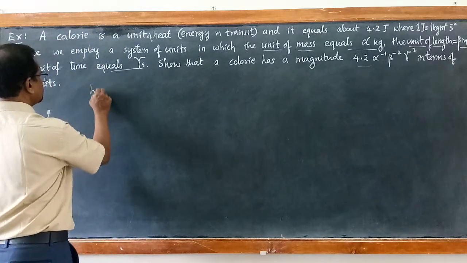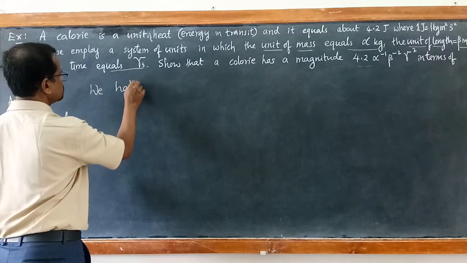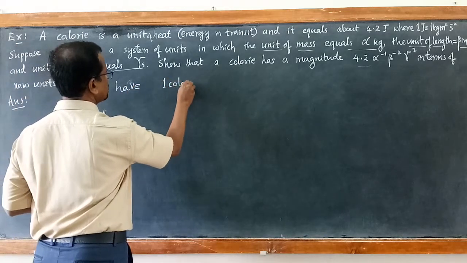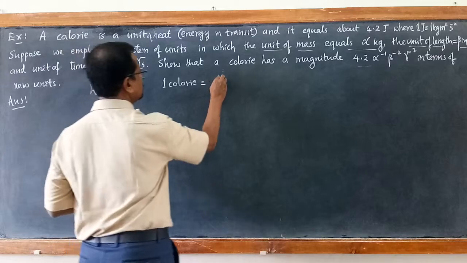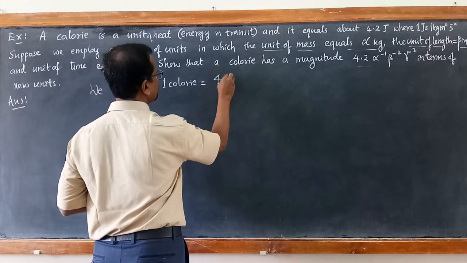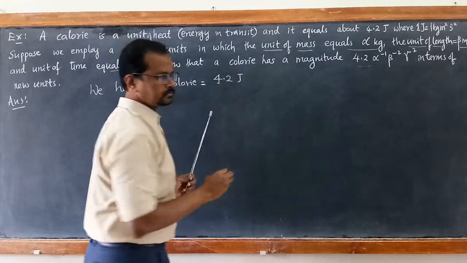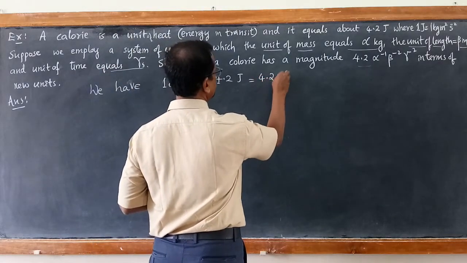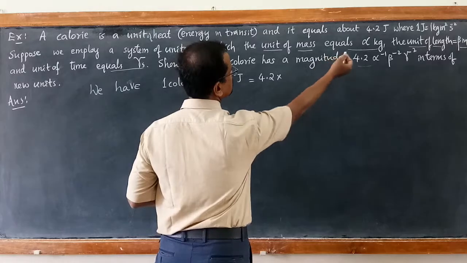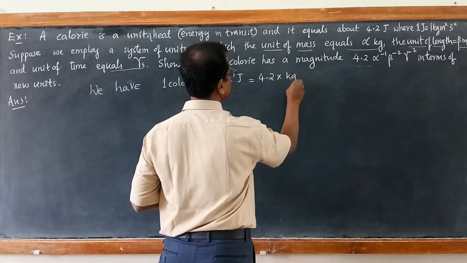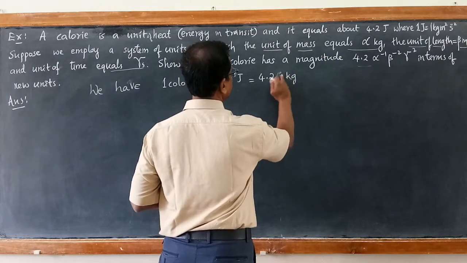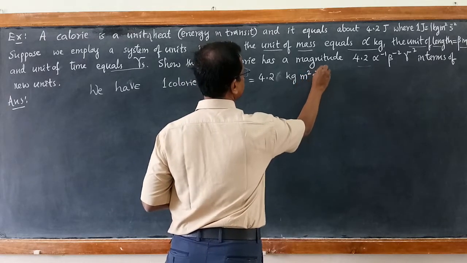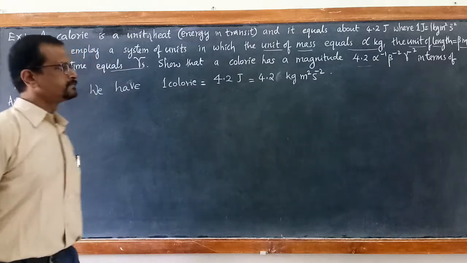We have 1 calorie equal to 4.2 joules, that is equal to 4.2 kg meter square per second square. So this is given.